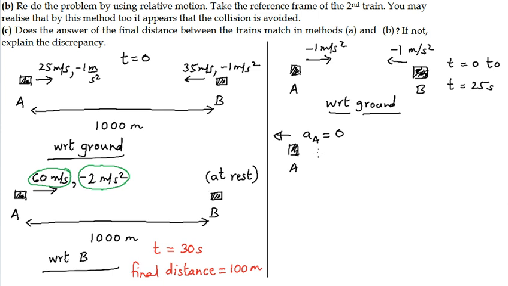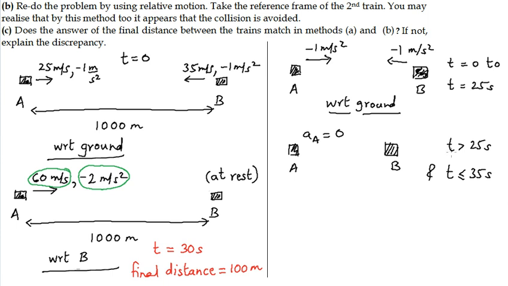Here, the acceleration is minus 1 meter per second square because of the train braking. But once train A stops, it is not going to travel in the backward direction, and hence the acceleration after t equal to 25 seconds of train A is equal to 0.